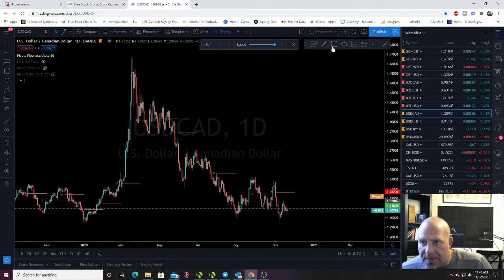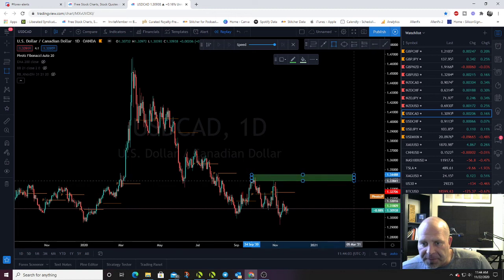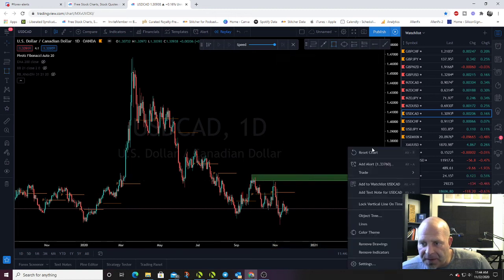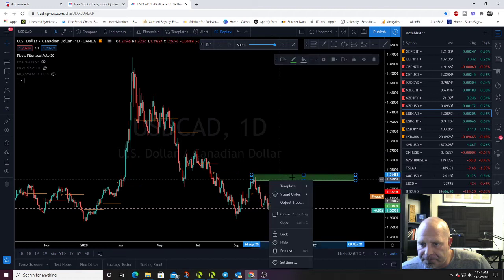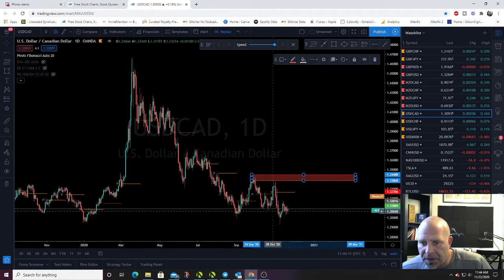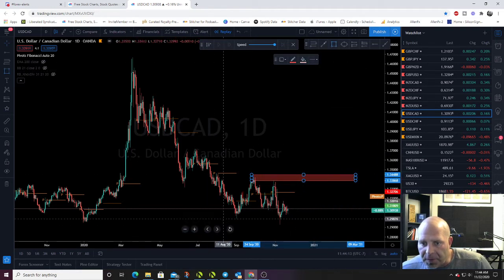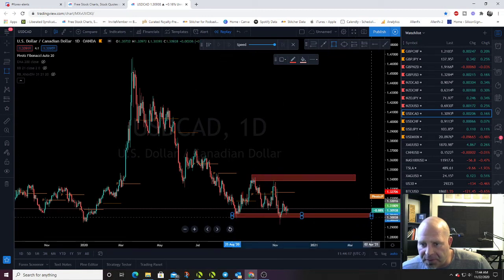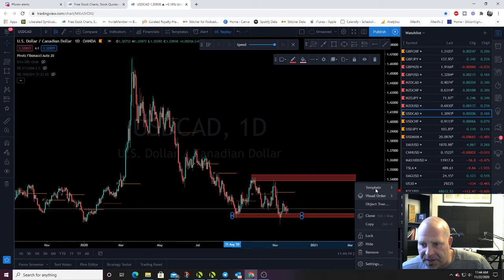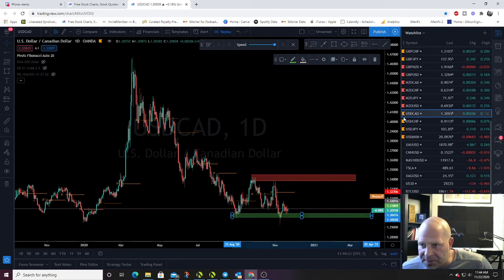Okay, I want to be bearish there. Bullish, really strong support. We just bounced off of it, so I think this one I want to be bullish.